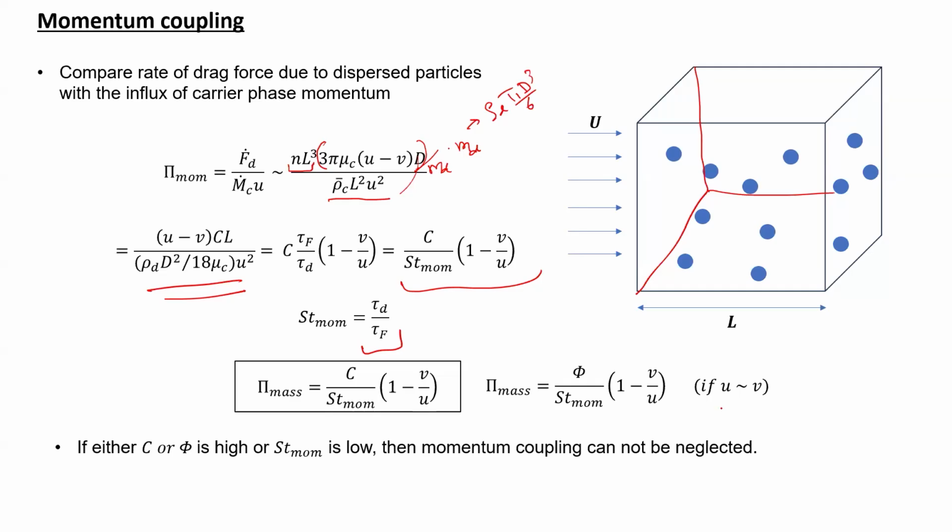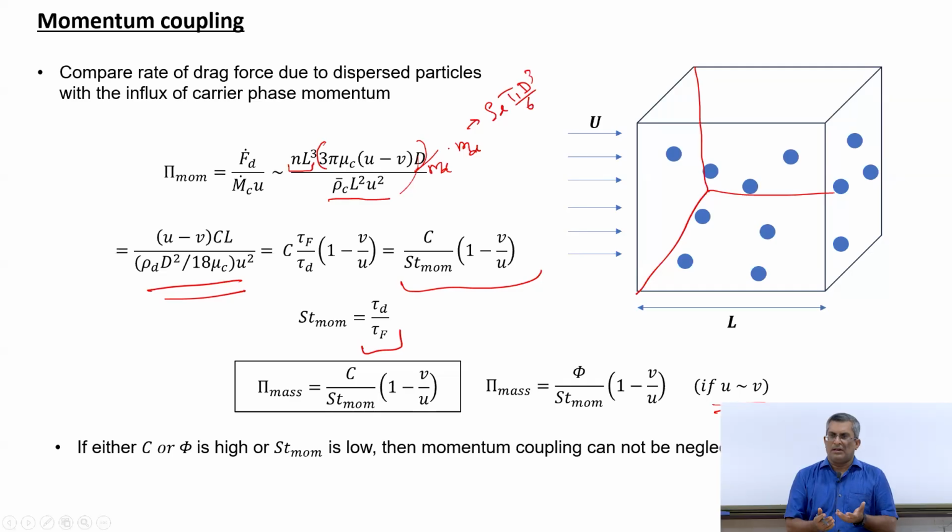In this case also, if we have the carrier phase and dispersed particle velocities similar, then we can replace concentration with the mass loading ratio. Here again we see that obviously if the number of particles or concentration is high or the Stokes number is low, then we have the momentum coupling parameter significant.